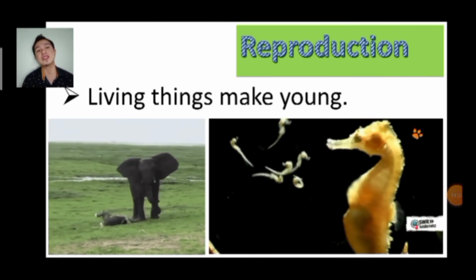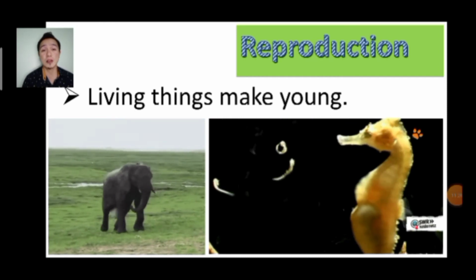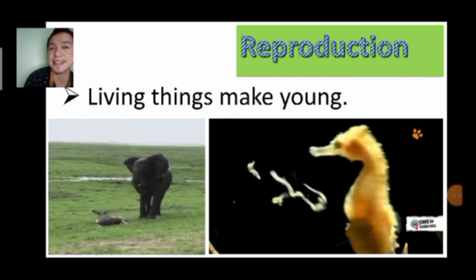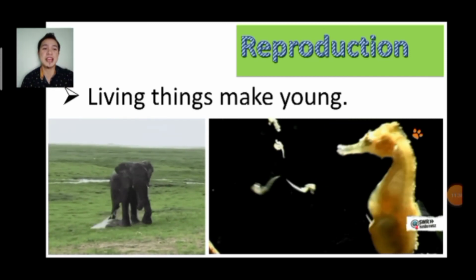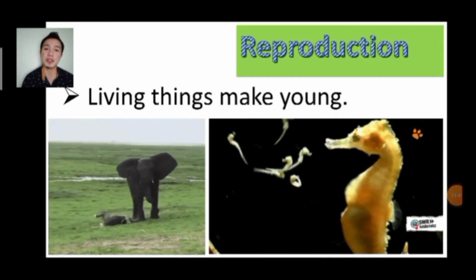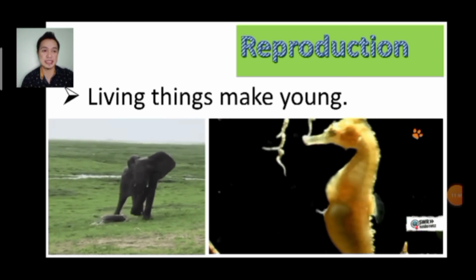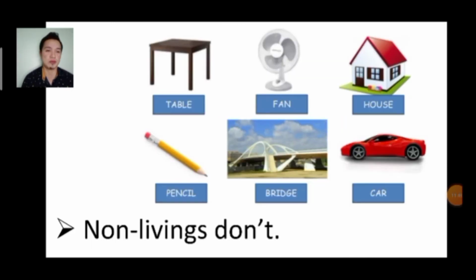As well as the plants, because plants also reproduce using the fruits or the seeds. But animals sometimes give birth and sometimes lay eggs. But non-living things don't reproduce. If you have one house, it's only one house. After a year, if you have one car, the car will not reproduce another baby car. It's only one.